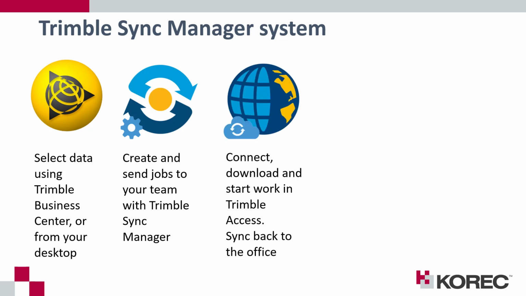You connect, download and start work in Trimble Access. So you open up the job, you do the job that's assigned to you, and once the job is in progress or complete, you change the job progress to done or complete, and then you send it back to the office.